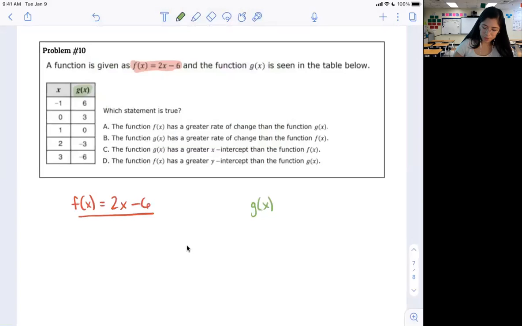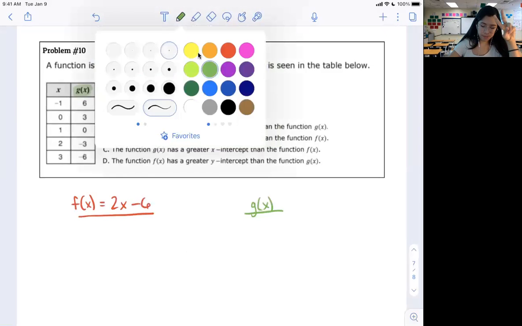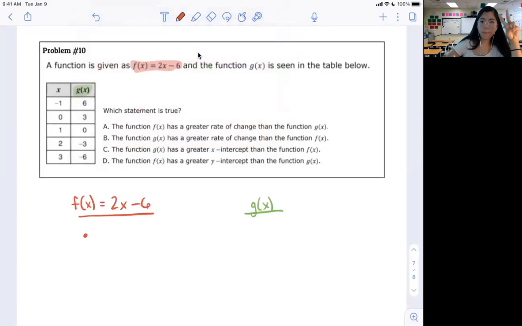We don't know the equation for g of x yet, but we can figure it out. So it looks like we're talking about rate of change, x-intercept, and y-intercept. For f of x, we actually know a lot of information. Just from my equation, what are the two things I know? M is 2.